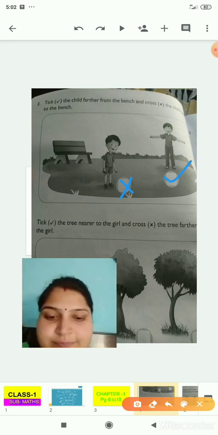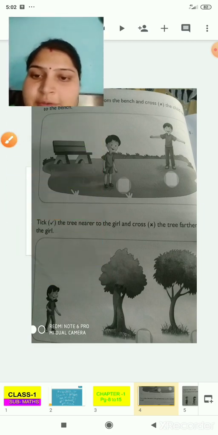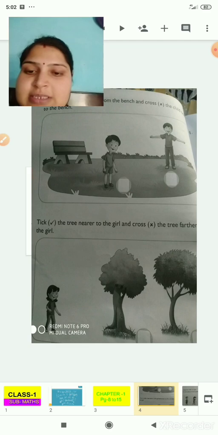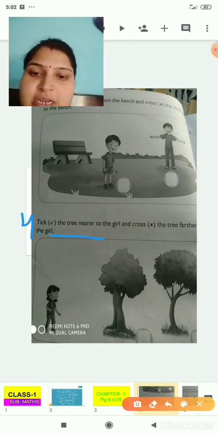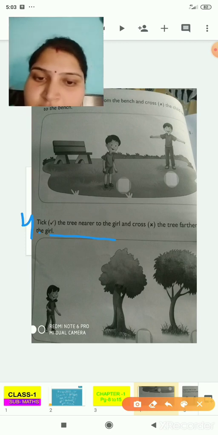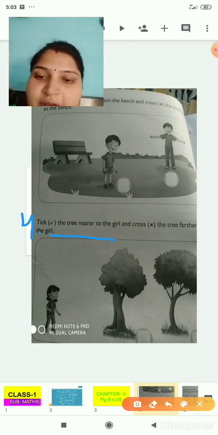Okay children, this is your question number 4. Tick the tree nearer to the girl and cross the tree farther from the girl. So here we have to tick the tree that is near to the girl and cross the tree that is far away.